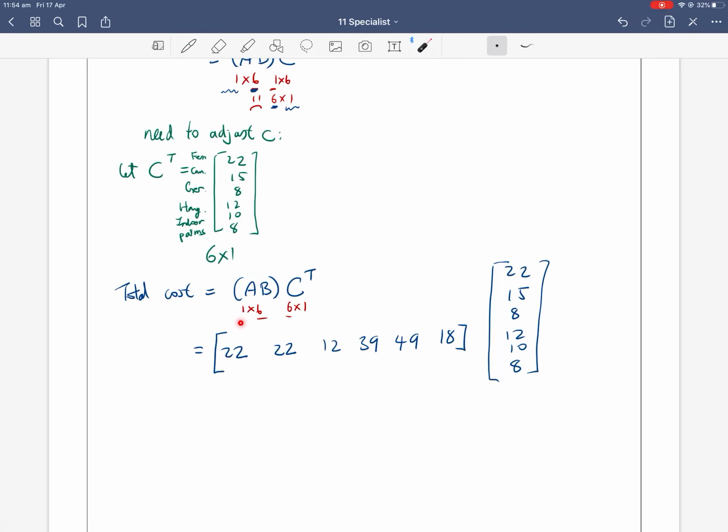So far, dimension check, yes, it works. Expectation check, a 1/1, yes, I'm expecting a single number answer. Third check is check your row by column. Does multiplying row by column make sense?